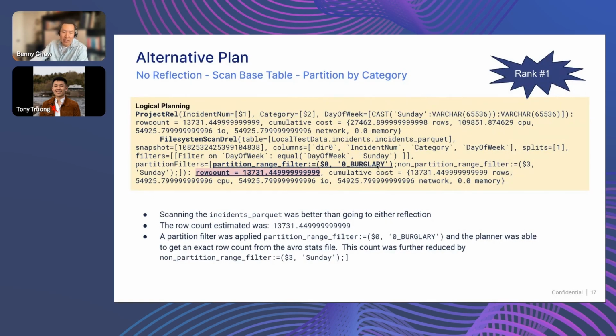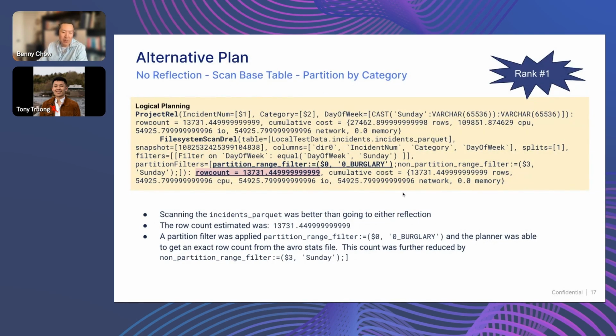So that number is further reduced by some heuristic factor, and that results in a 13,000 estimated row count. And so the cost-based planner, when trying to figure out which plan to use, finds this 13,000 very key in terms of costing which plan to use.